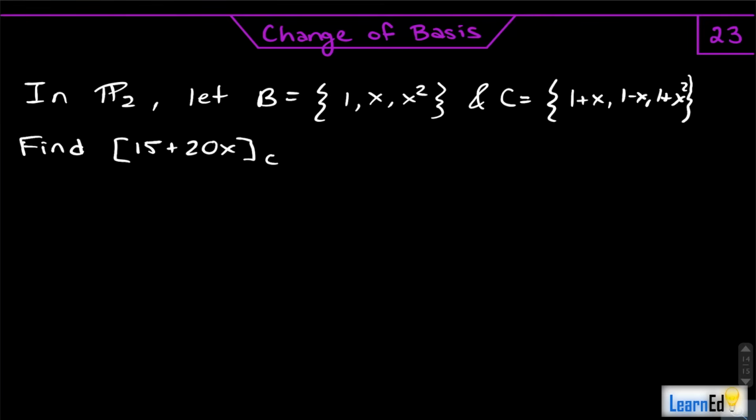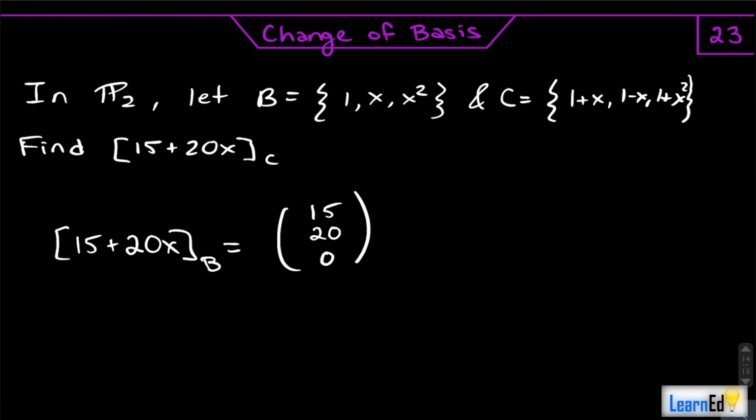We want to find the coordinate vector of 15 plus 20x relative to C. Since B is a basis for P2, it's really easy to write 15 plus 20x in terms of B. So 15 plus 20x relative to B is (15, 20, 0), because there's no x squared part.